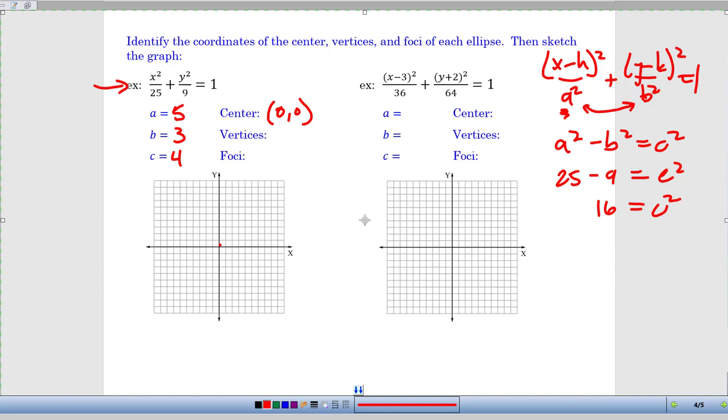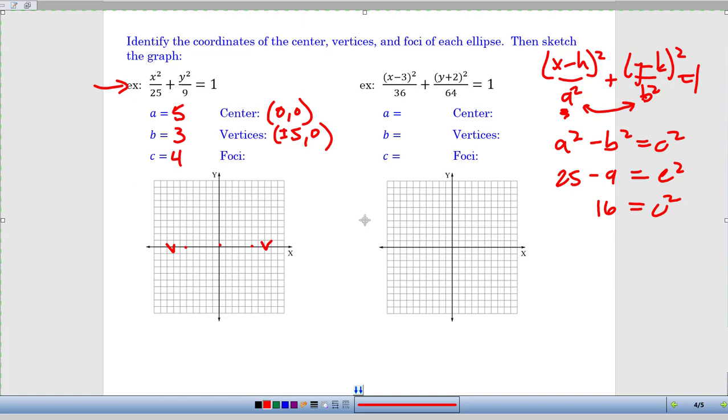And since that 25 is underneath the x squared, that means a is 5. So I'm going to go 5 in the horizontal direction each way. So those are my vertices. And so the coordinates of those points are (5, 0) and (negative 5, 0), but for shorthand, we can just put plus or minus 5, 0.